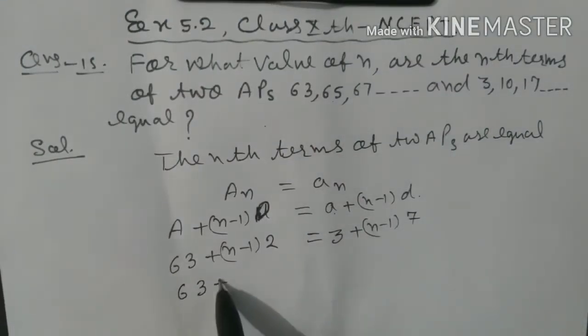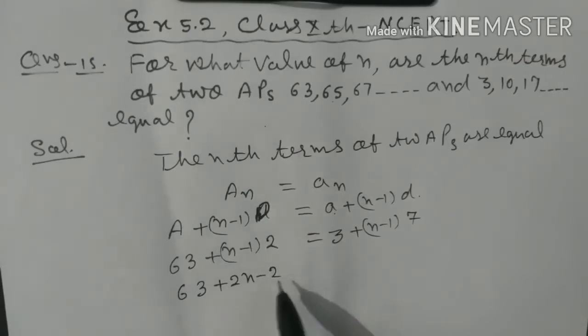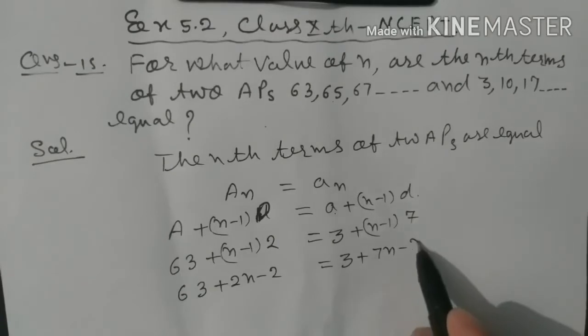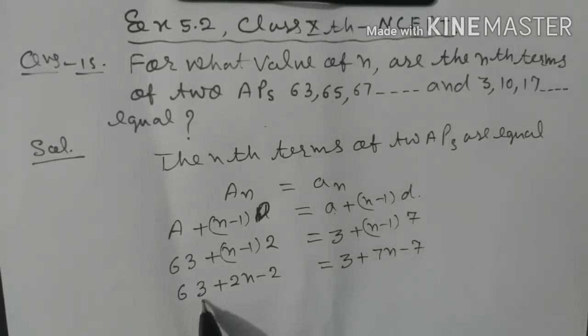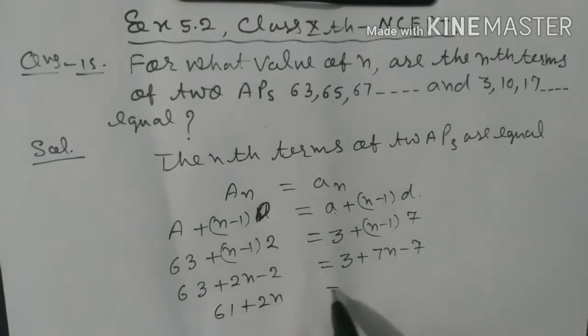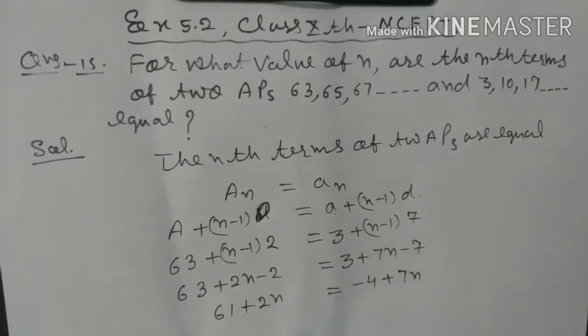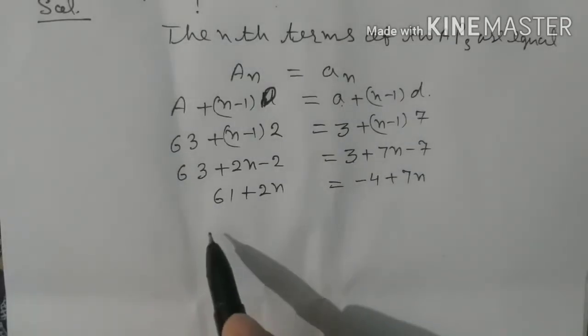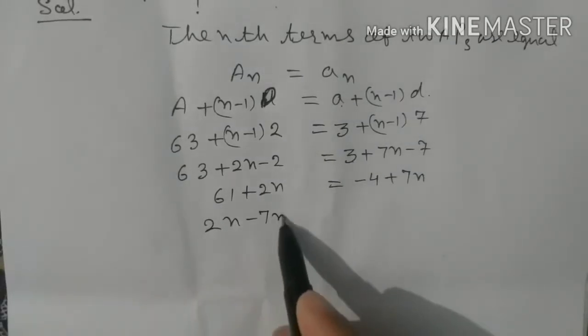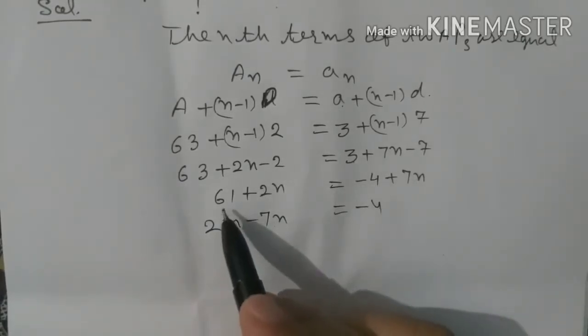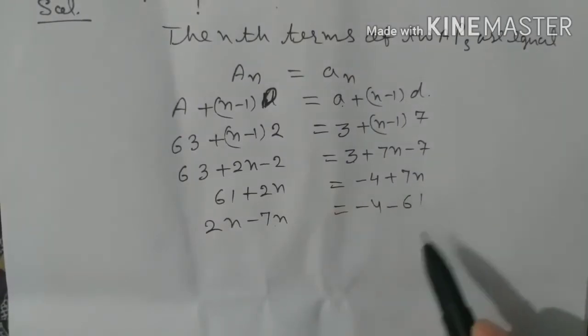Now 63 plus 2n minus 2 is equal to 3 plus 7n minus 7. 63 minus 2 means 61 plus 2n is equal to 3 minus 7 means minus 4 plus 7n. Now 2n minus 7n, transposing here minus 4, 61 transposing here minus 61.